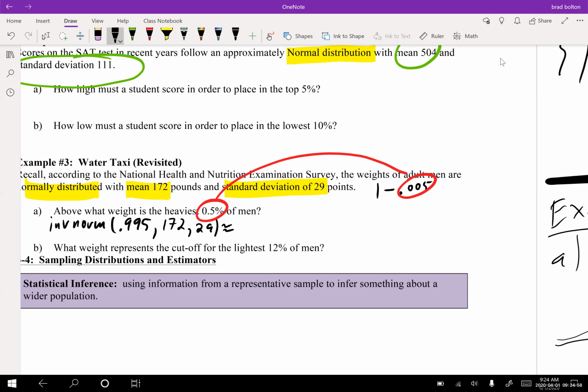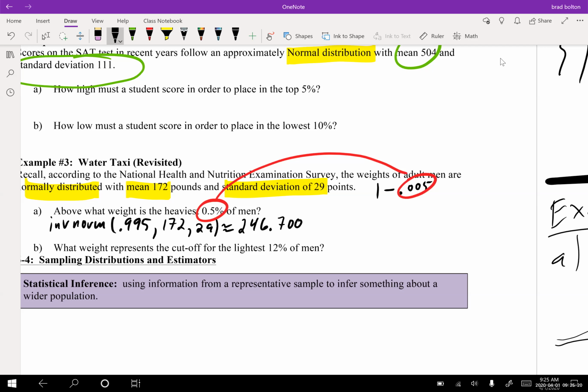So we get 246.7, let's do 3 decimals. So this would be 699.0498, so I'm going to round to 3 decimals for this. So it says that you would get about 246.7.